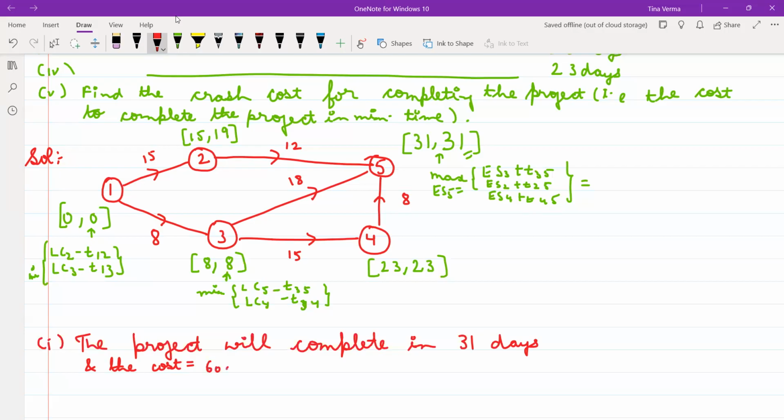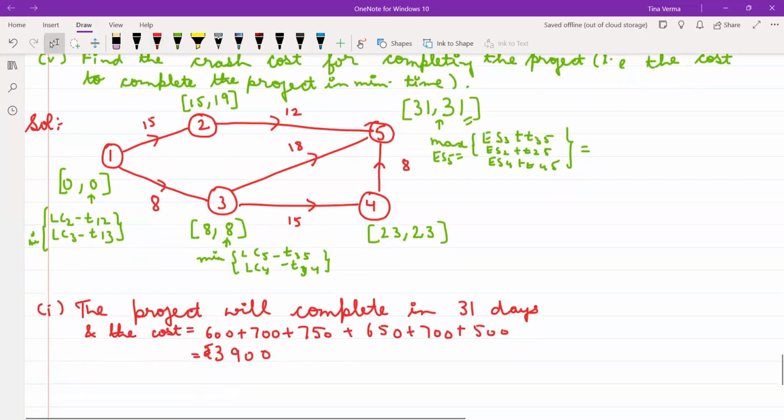That is your 600 plus 700 plus 750 plus 650 plus 700 plus 500 and this is coming out to be your 3900, right? Rupees, right? So that means अगर आपको 31 डेज में प्रोजेक्ट खत्म करना है तो आपके 3900 रुपीज लगेंगे. इज इट क्लियर? राइट? एनी डाउट?